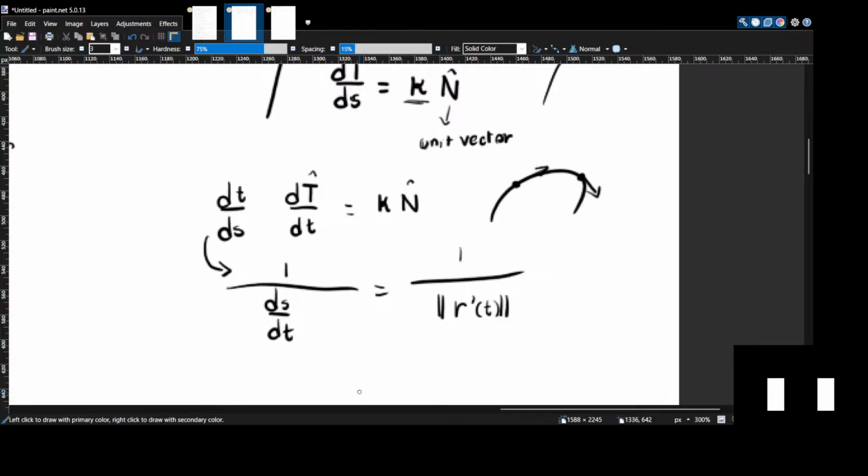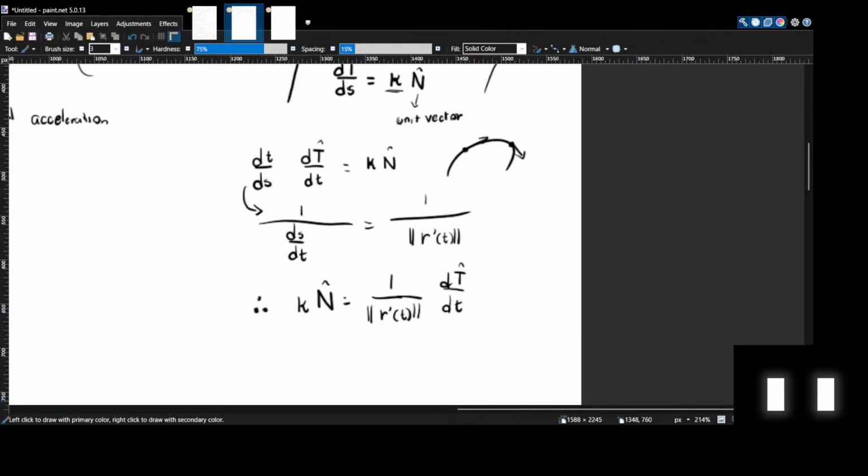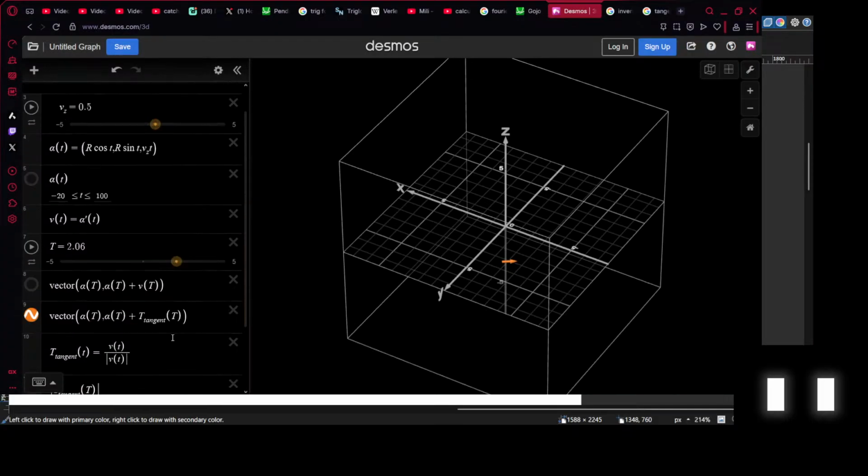Yeah, I think that works. So therefore we now know that kappa n, which is the normal vector, the rate of change of the tangent vector, is going to be equal to 1 over absolute r prime t times dt by dt. So now we can draw this into Desmos.